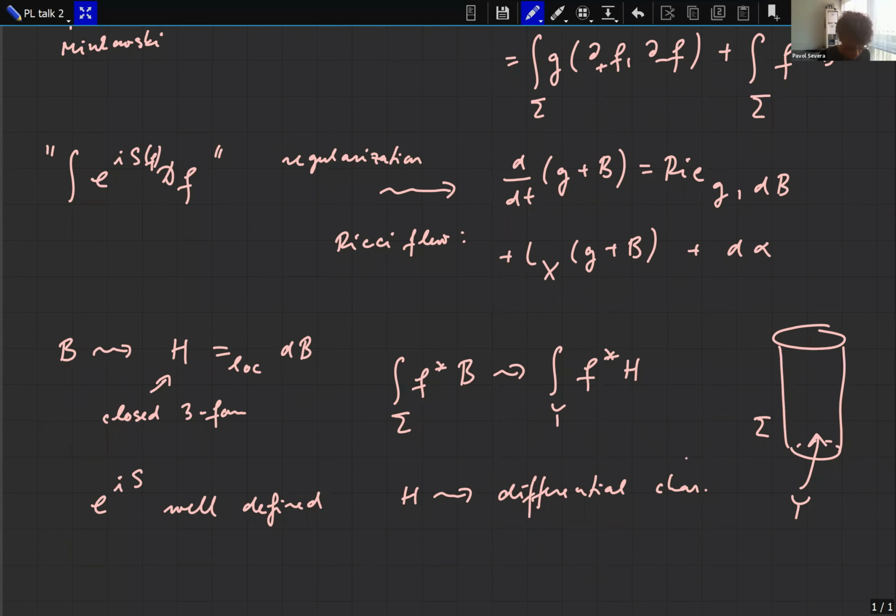So having a differential character is to some extent something a little bit global in the manifold M. And so in this talk, I will simply always be using just those closed three-forms H.